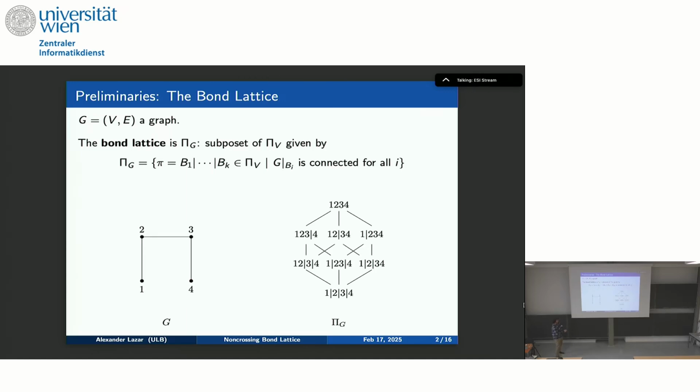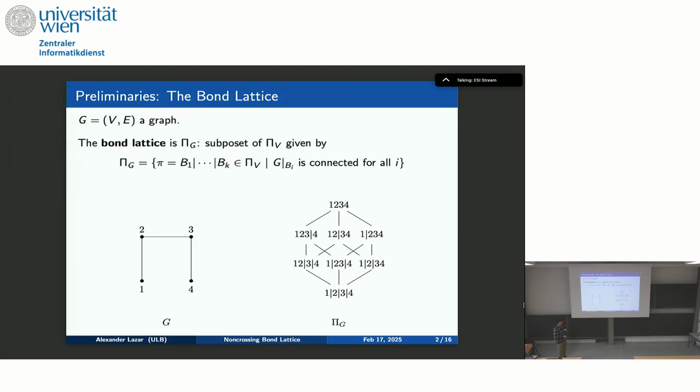So for example, if we've got this path on 3 edges, we look at all of these partitions in the bond lattice here, 1, 2, and 3, 4. If I restrict G to the vertex set 1, 2, that's connected, same with 3, 4. But for example, 1, 3, and 2, 4 is not in this bond lattice because 1, 3 is not an edge, 2, 4 is not an edge.